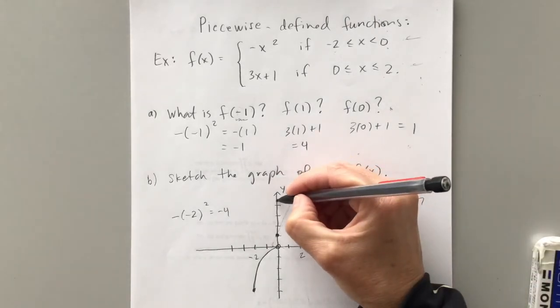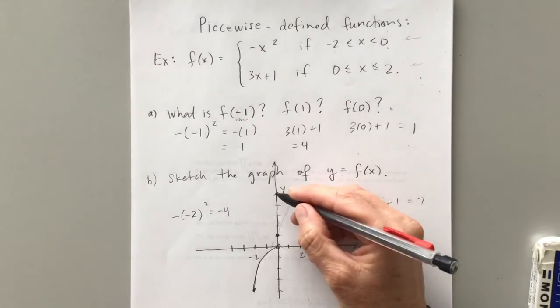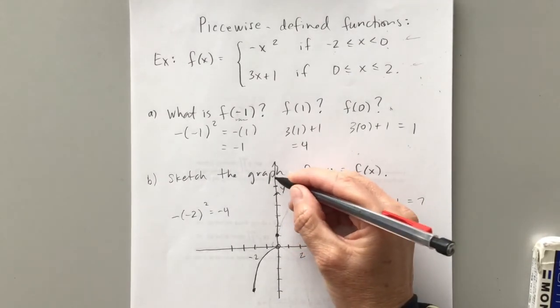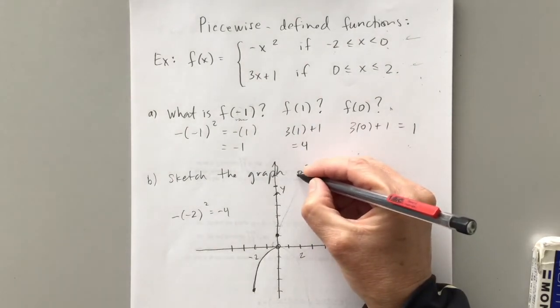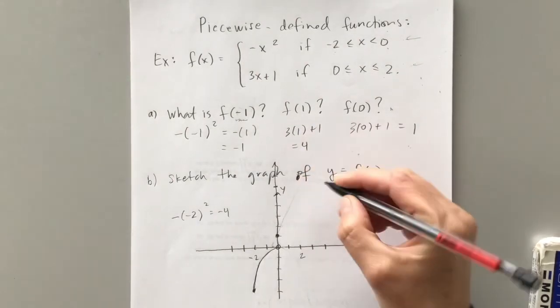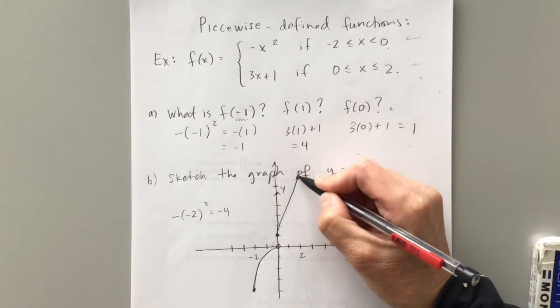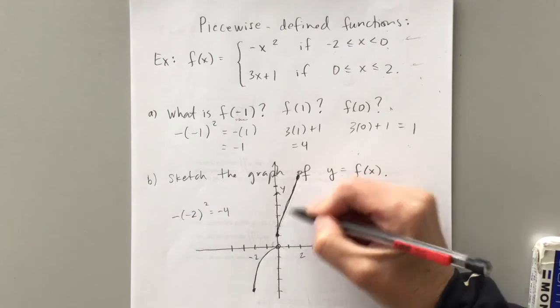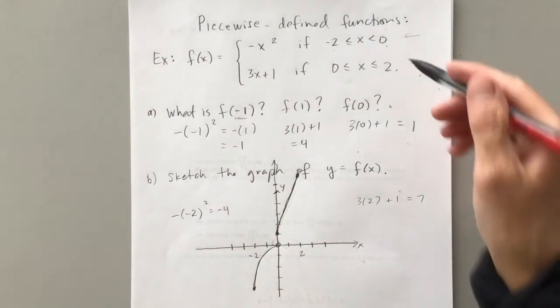So I have to actually extend this all the way up to 1, 2, 3, 4, 5, 6, 7. Okay, so 2 all the way to 7. And it's a closed circle, and it's that line segment. Okay, so right there, this is the graph of that piecewise defined function.